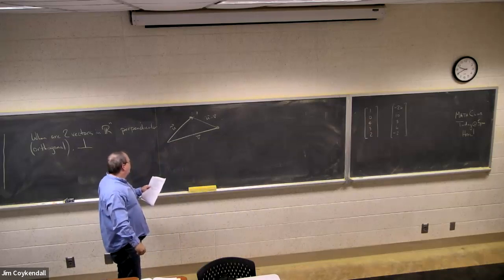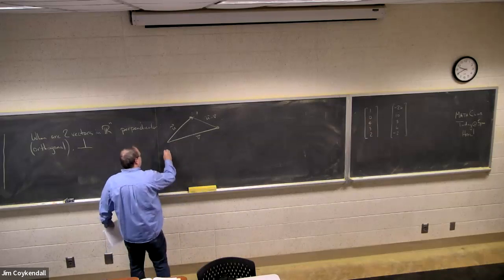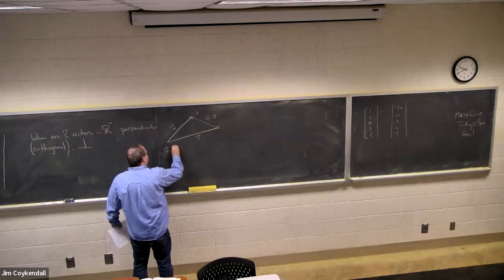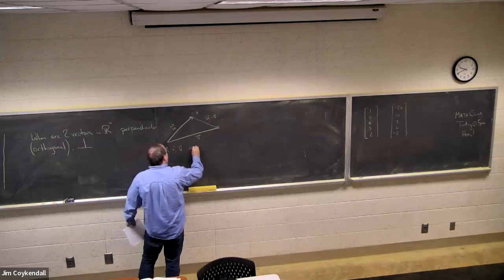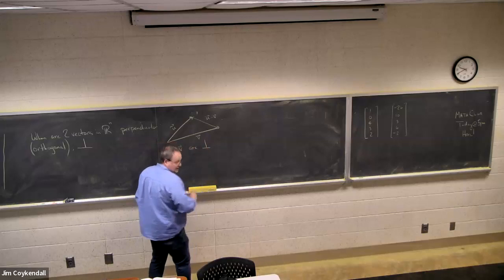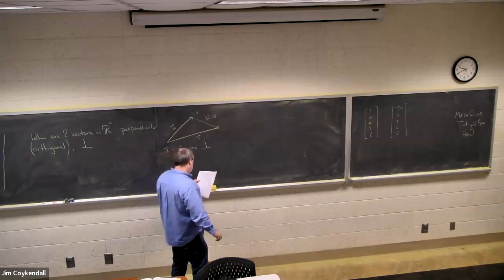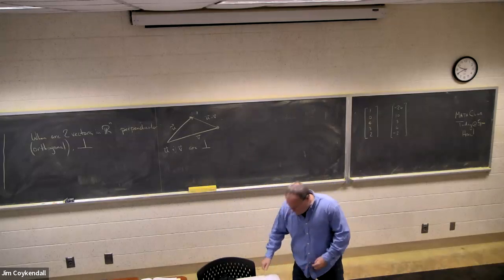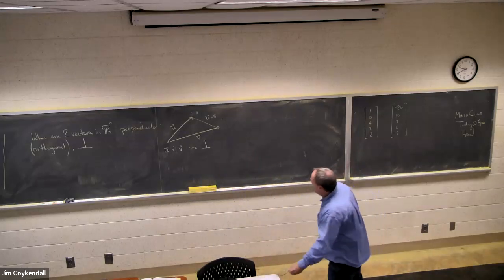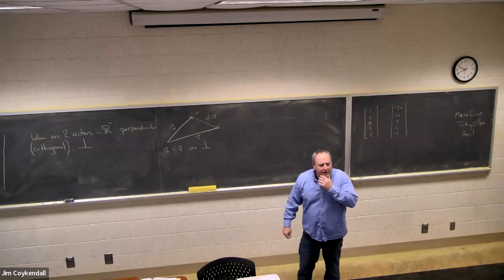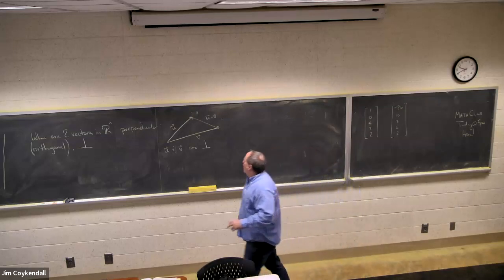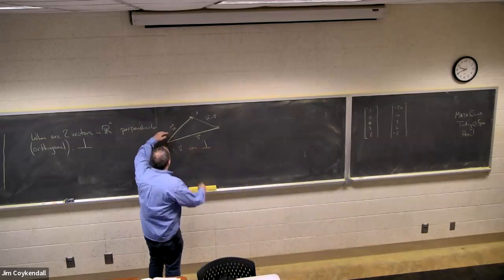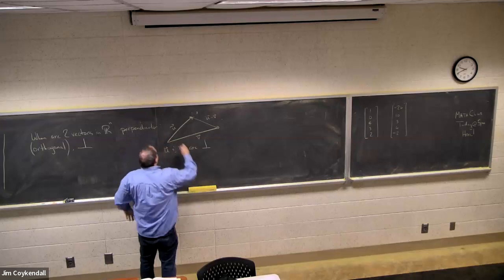My question is when are u and v perpendicular? Well, can anybody tell me what's a good way to do this? Think about Pythagoras' theorem. What happens if u and v sit at right angles?